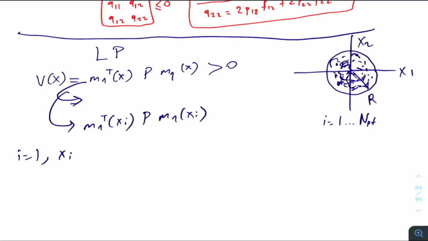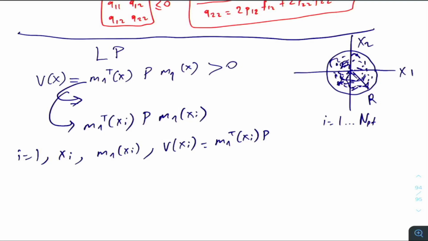Okay, after that you are going to compute m1 of xi, and this is a vector consisting of numbers, right? After that you are going to compute v of xi, and v of xi is m1 transpose of xi times p times m1 of xi. Again, these are constant numbers.